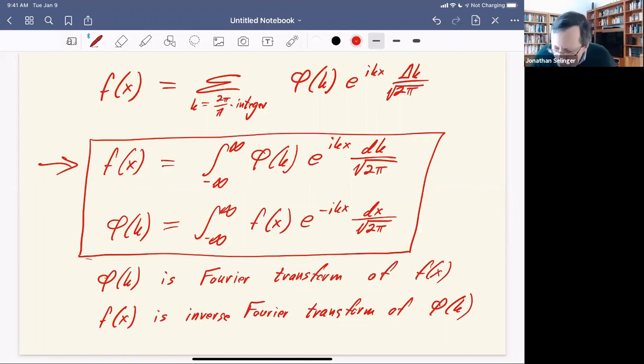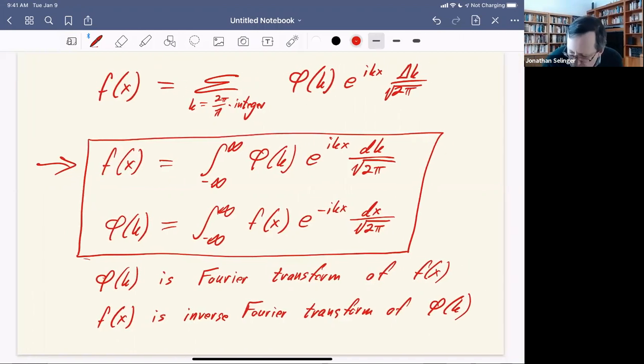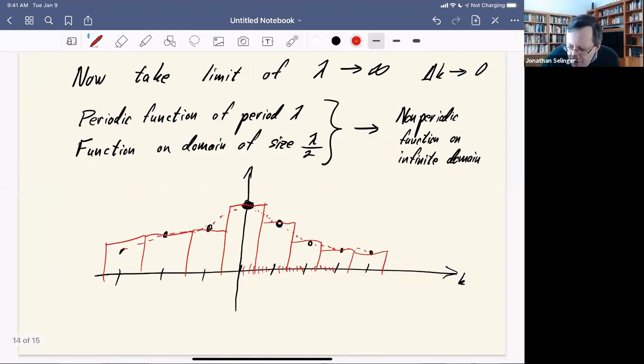And hopefully from this, you see the connection between this and a Fourier series, and you can see the interpretation of the Fourier transform is to fill in these little gaps in the Fourier series, right? That the amplitude at any value of k, right?